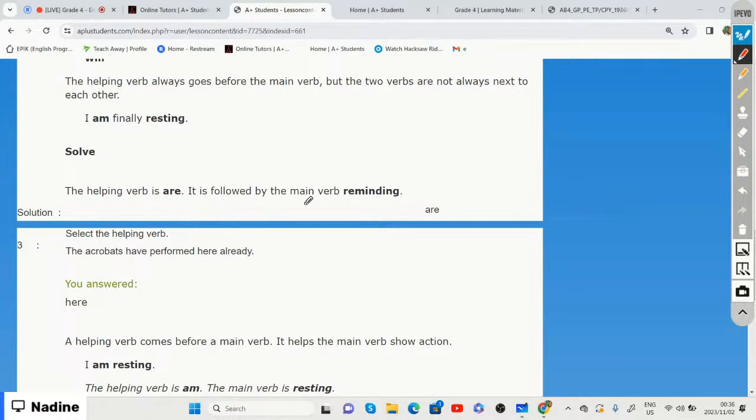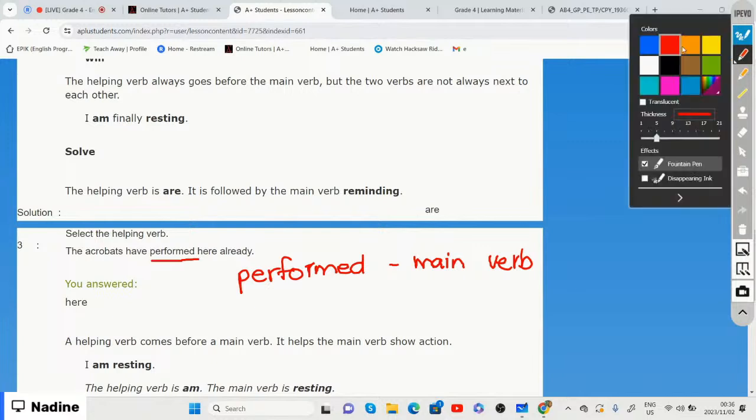If we identify the main verb within that sentence, then it will be performed. That is something that the acrobats did. Performed is our main verb, and the main verb shows us the action that the acrobats did.